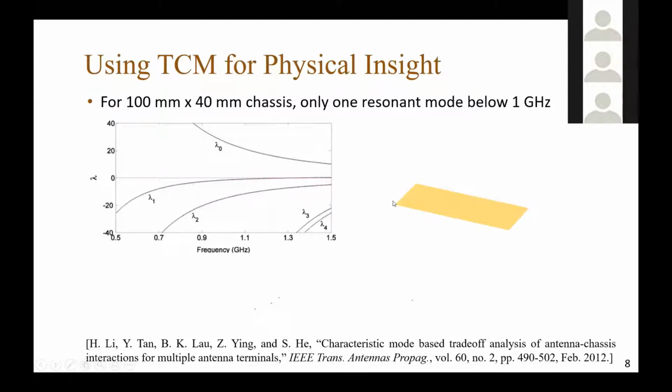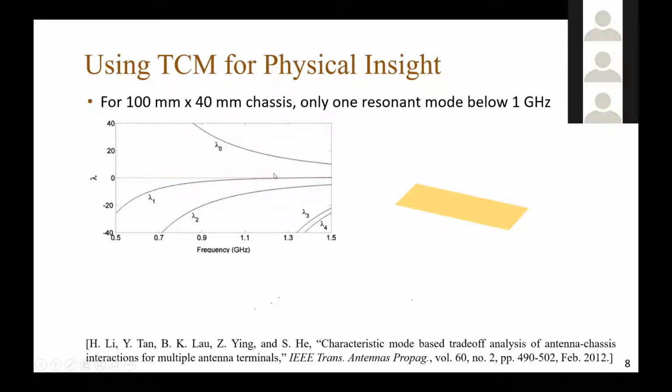Since you have more width, more modes come in, including a loop mode, which is this mode over here. But if we look at the 100 by 40 millimeter chassis, there is still only one resonant mode below 1 gigahertz, which is lambda 1 here.